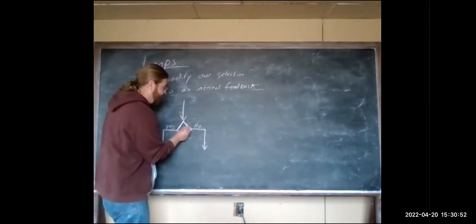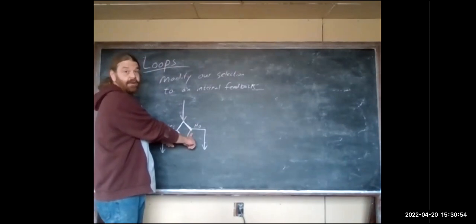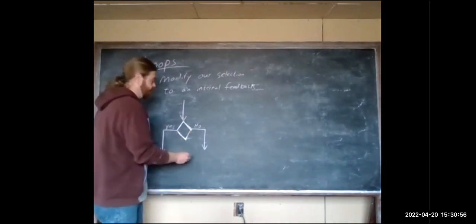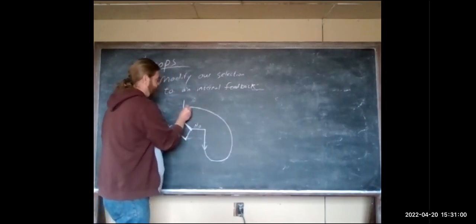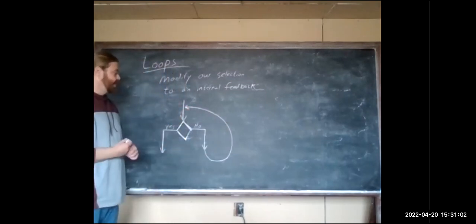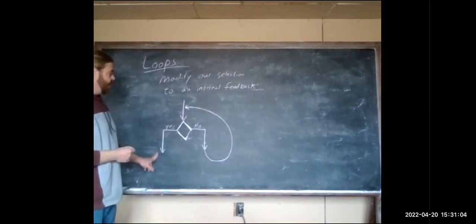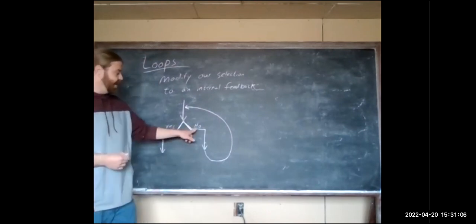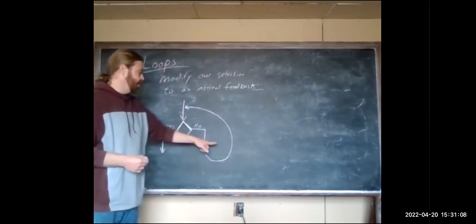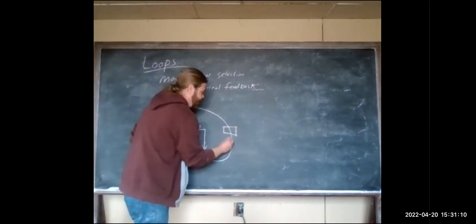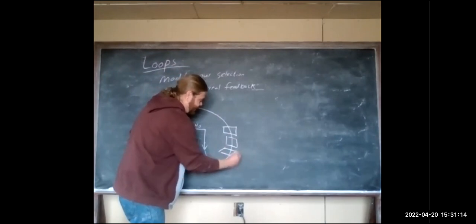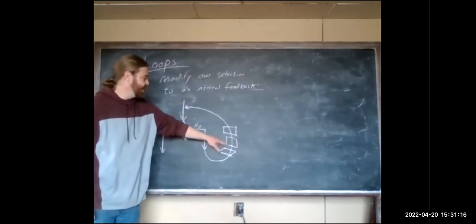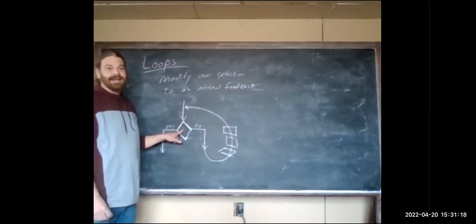But the point here is we have this really easy way to make choices. Yes or no. So why don't we take one of our branches and just bring that back in? If the answer is yes, we move on with our program. If the answer is no, we'll do some stuff over here. Maybe a couple of assignments, another input or something. We'll do some things and then we'll check again.